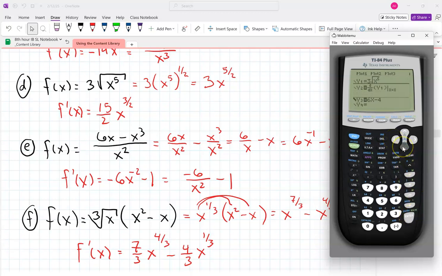I don't want it to graph, so I'm going to turn that off. And then type my answer here. I can keep this exact same thing, and the calculator will just know what to do. That's the beauty of doing it as y1.